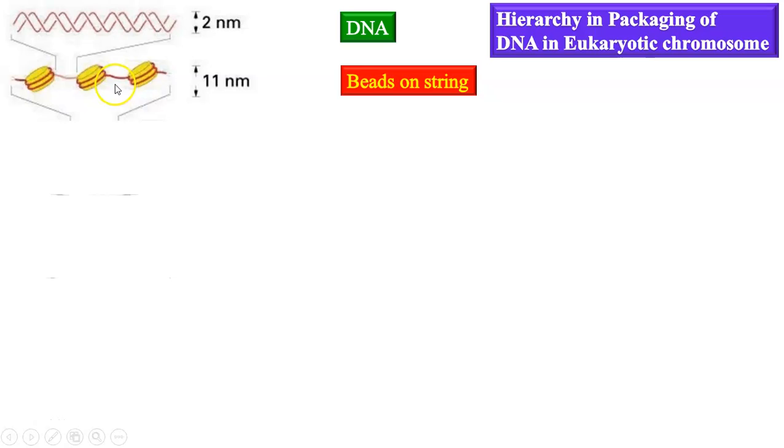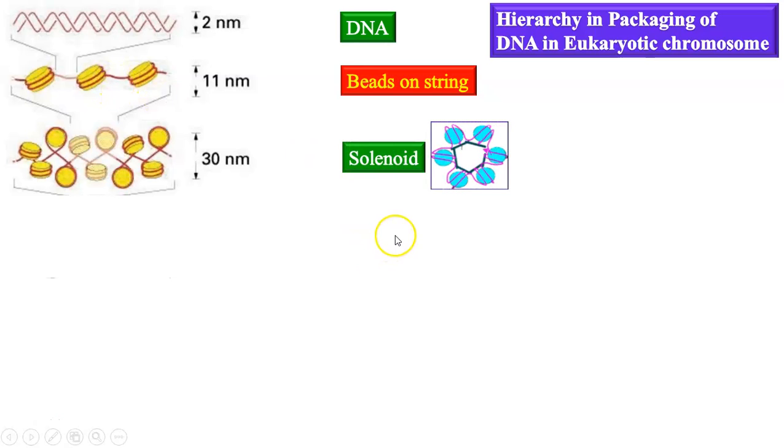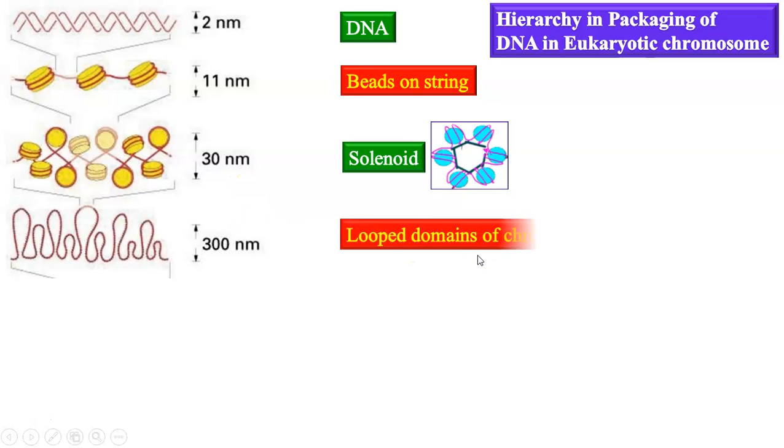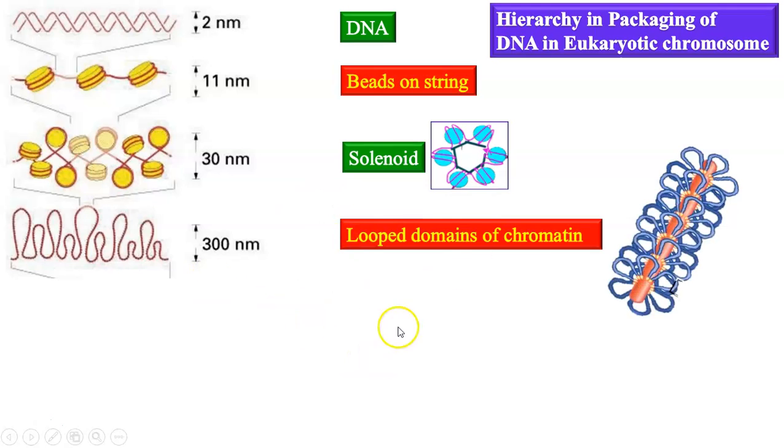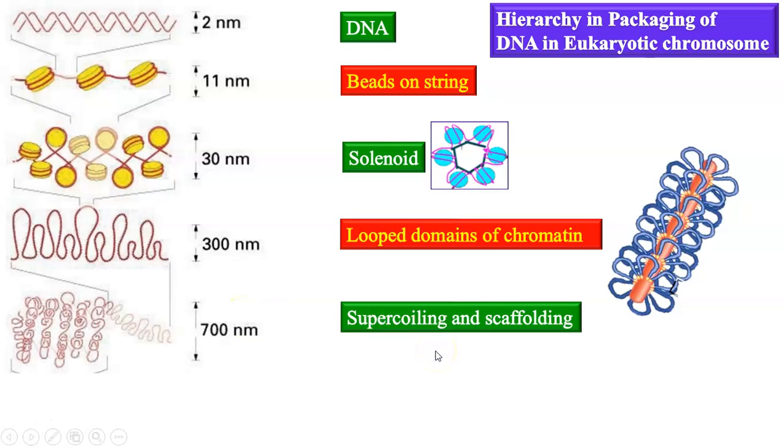Then, due to coiling of this linker DNA, the solenoid structure is produced, and the thickness increases to 30 nanometers. The coiling of the chromatin to form the looped structure gives rise to a thickness of 300 nanometers. So far, what we have seen is the arrangement in interphase up to the looped domain of chromatin.